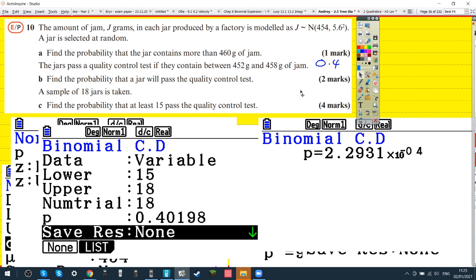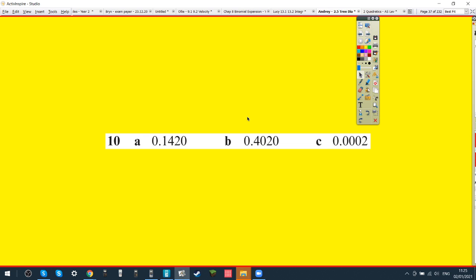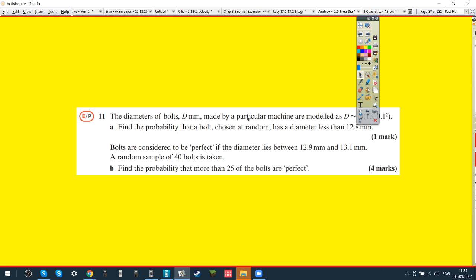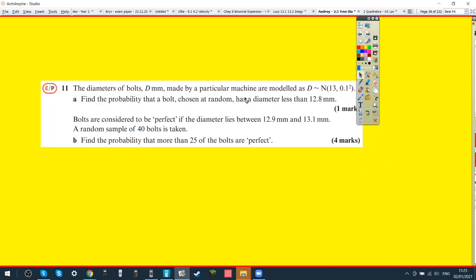Because it's cumulative, they're just finding the probability of 15 plus 16 plus 17 plus 18, but the calculator's doing it in a very quick way.